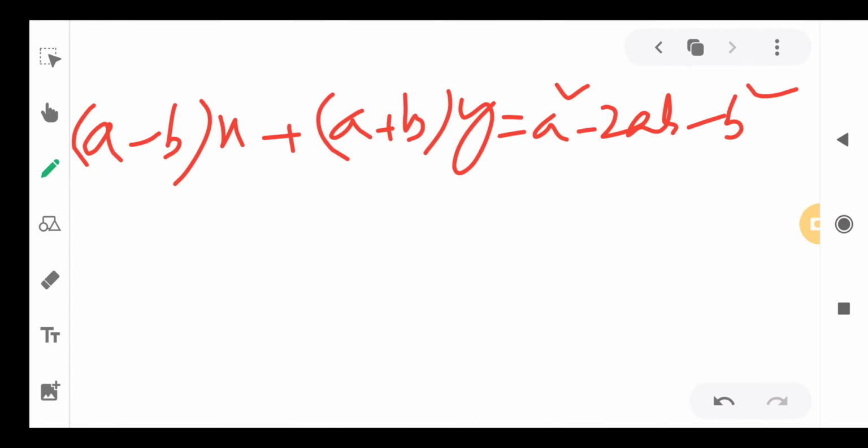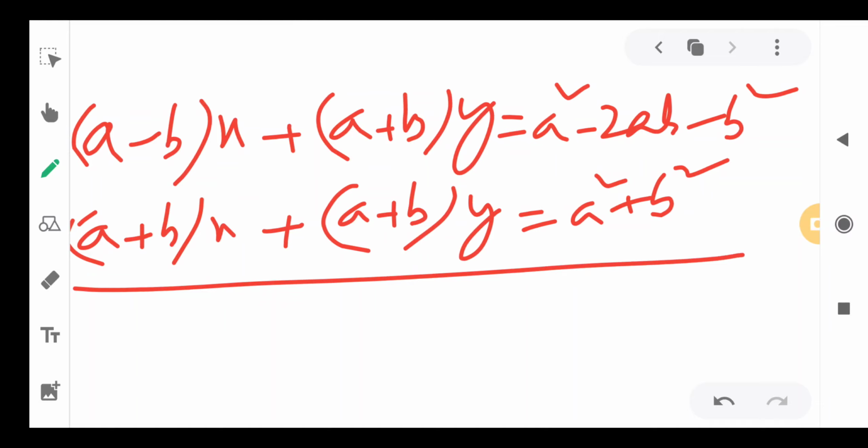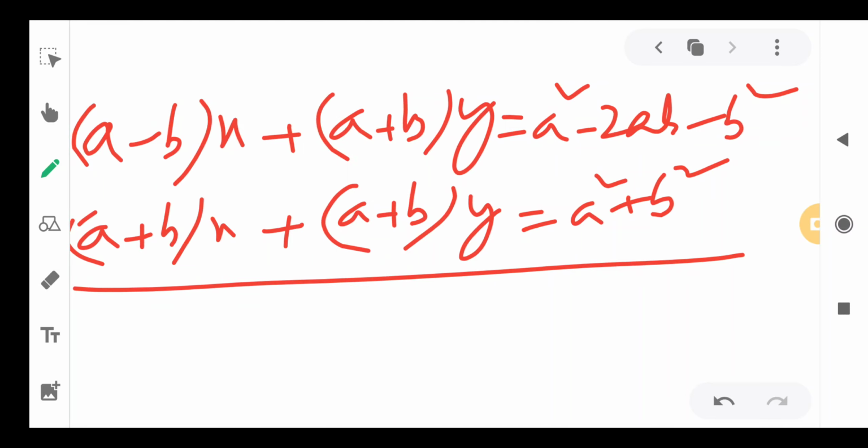The second one after expansion: (a plus b) into x plus (a plus b) into y is equal to a square plus b square. These are the two equations given. We have just expanded the second equation; the first equation is as it is. Now just subtract the second equation from the first.